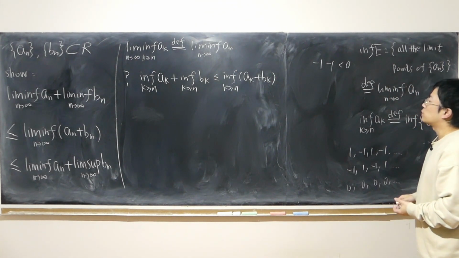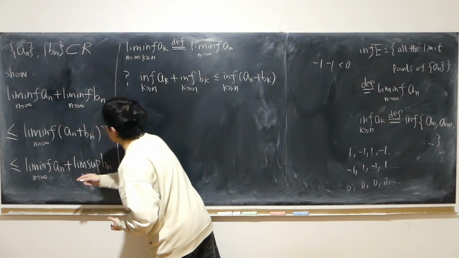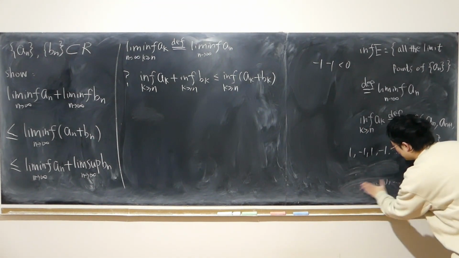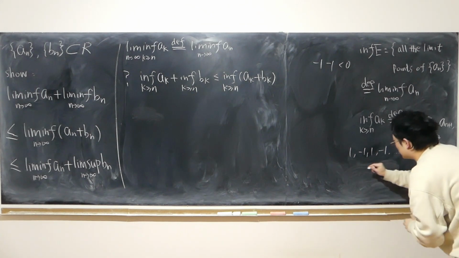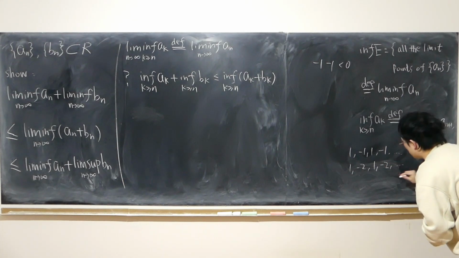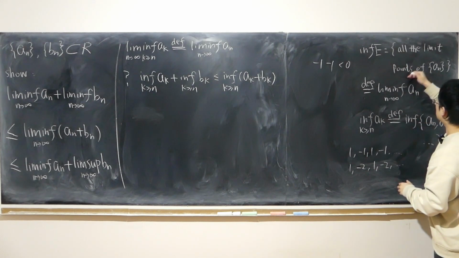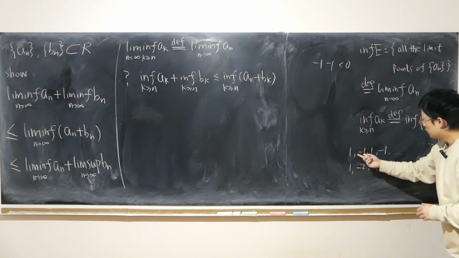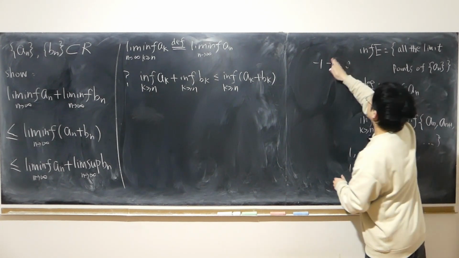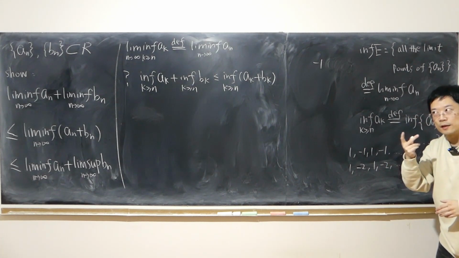Let's get some intuitive understanding of the right-hand side inequality. Another sequence: 1, negative 2, 1, negative 2, and so on. According to the original definition, we have two limit points, negative 2 and 1.